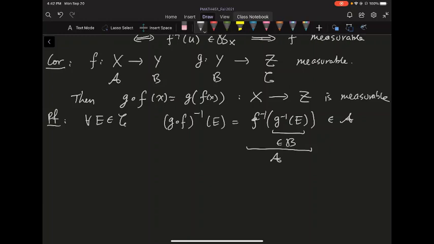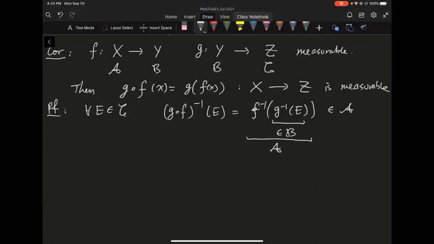Basically, a quick corollary of how we're using it is the following. Usually, if you have a function g from R to R that is continuous, then we know it's measurable with respect to the Borel sigma algebra on R. And suppose I have some function f which takes values from X to R, which is also measurable.